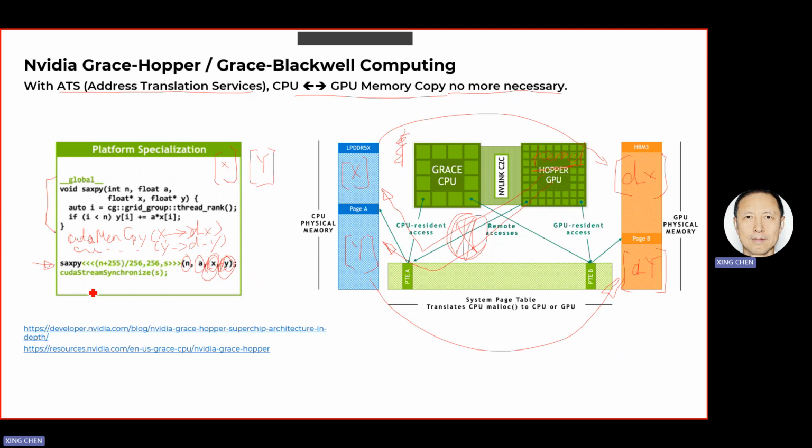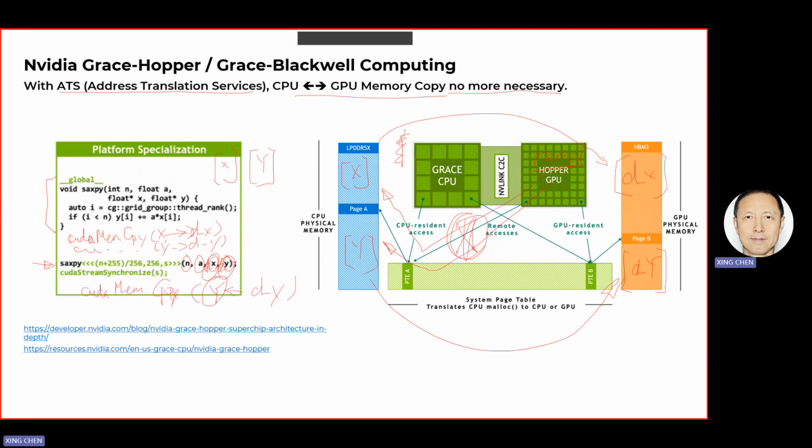After the job has been done, you have to do CUDA memcpy to copy the data back from GPU memory to host memory. Suppose you want to put the result in y, you have to copy it back. These are the lines of code you have to write to deal with the old systems, all the GPU computing systems except Grace Hopper. Because with Grace Hopper, this problem doesn't exist anymore, as shown by this piece of code. Okay.